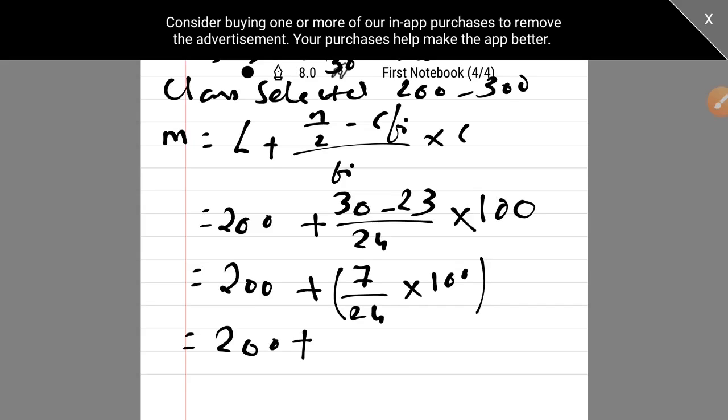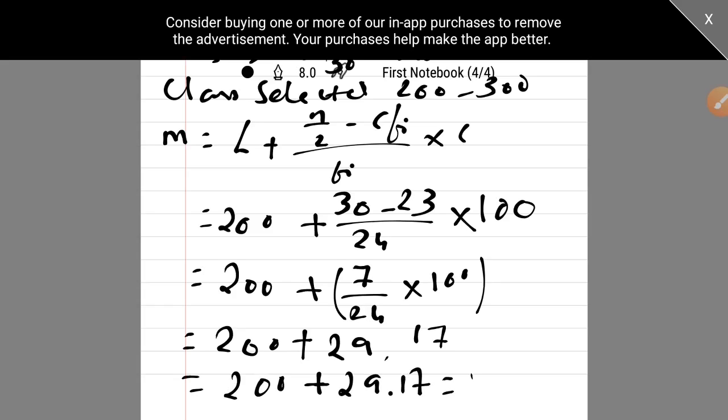So 7 into 100 upon 24 is 29.17. So it's 200 plus 29.17, which is 229.17. Yes, so it was 229.17.